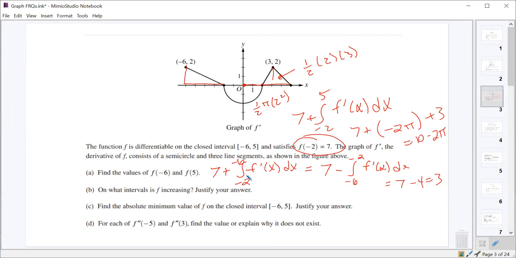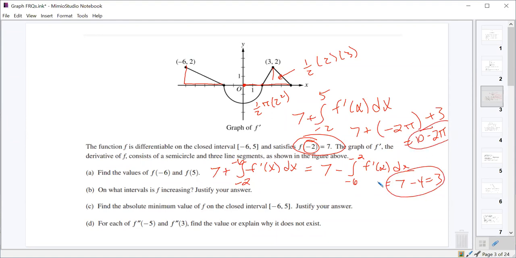So we just do 7 plus the integral from -2 to any x value up here, because remember when we do the fundamental theorem of calculus, that's what tells us if we do -2 to -2, it gives us 0. So we do -2 to any value up here, plus this 7 should give us the value of it. This lower limit always has to be our constant that we know. And then this thing outside has to be the value of the function at that. Does that make sense? Okay, thanks.